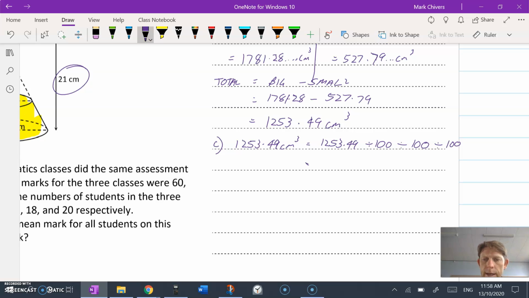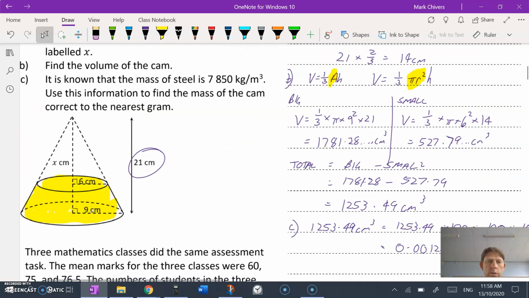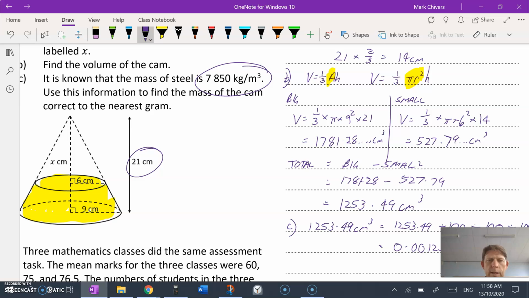Okay, so that's going to end us up with 0.00125349 metres cubed. Okay, so now we have our answer in metres cubed. We can use this value we've been given here.